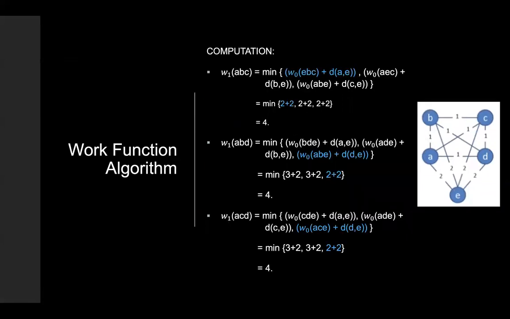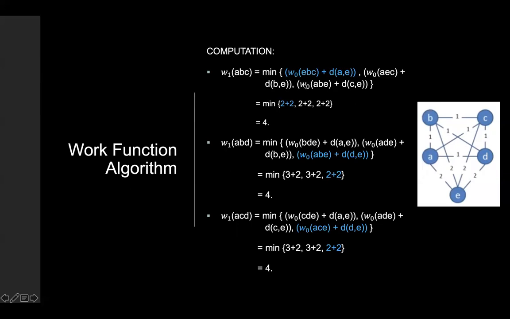This is the minimum of W0 of EBC plus d of A comma E, W0 of AEC plus d of B comma E, and W0 of ABE plus d of C comma E. So basically we are looking at the costs of getting to ABC if your initial configurations were EBC, AEC, or ABE.